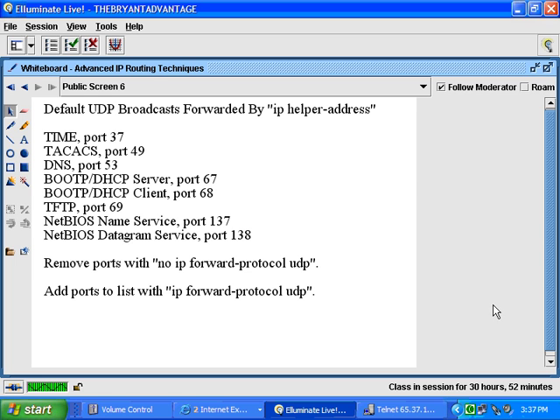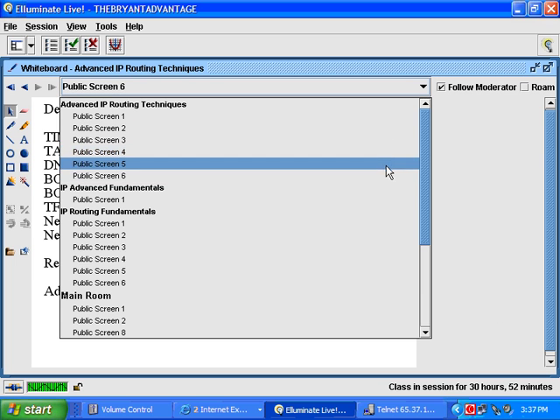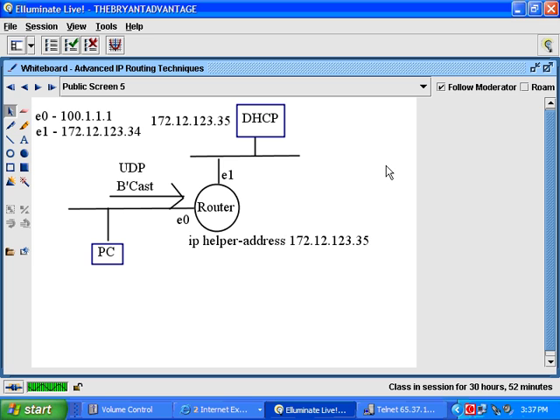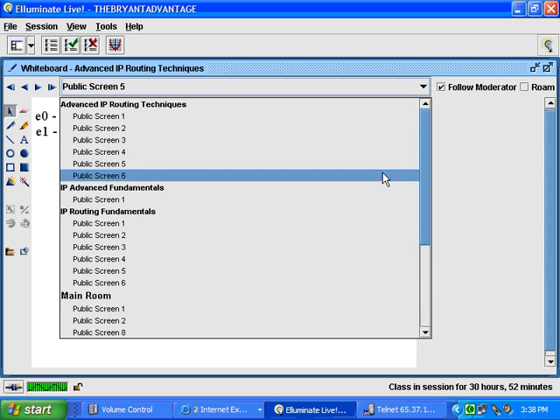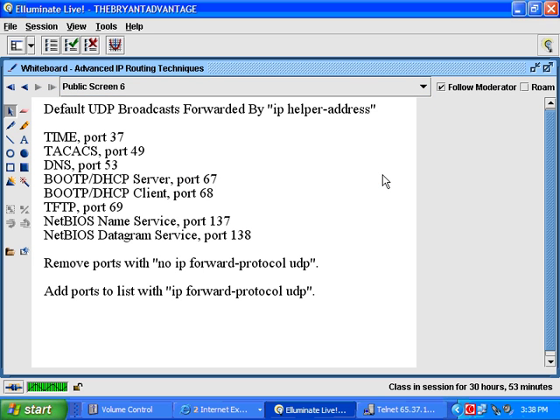Now, going back to the previous diagram, this is just a DHCP server. So maybe we don't want DNS broadcasts and NetBIOS broadcasts and time broadcasts and TACACS broadcasts to be forwarded to that DHCP server, and they don't have to be, because we can remove ports from this default list with the no ip forward-protocol udp command.